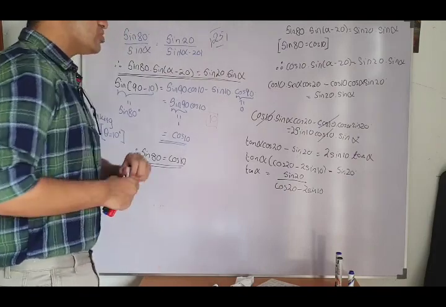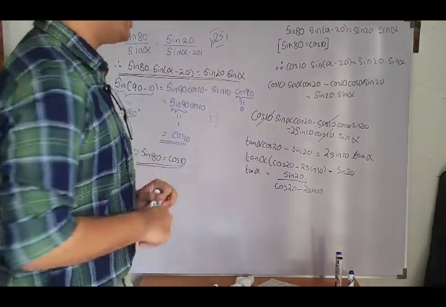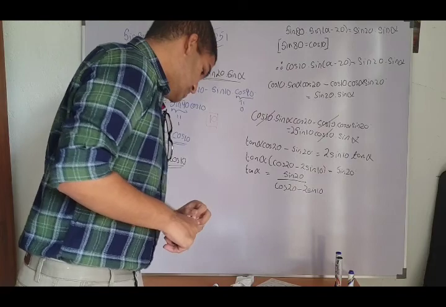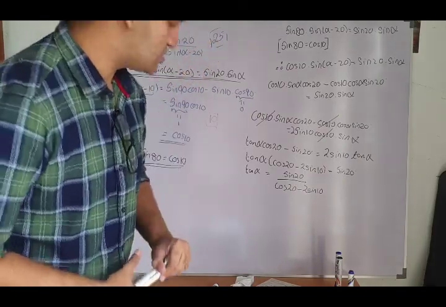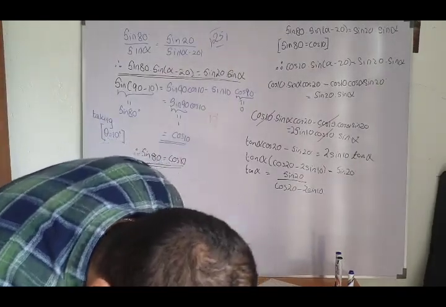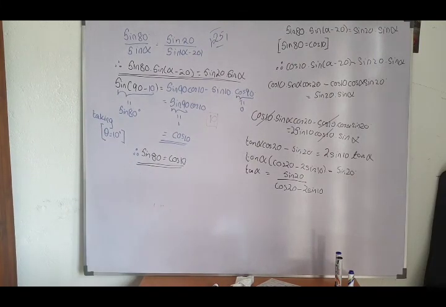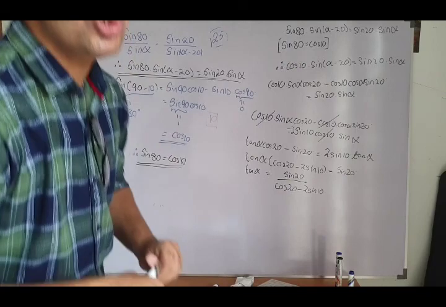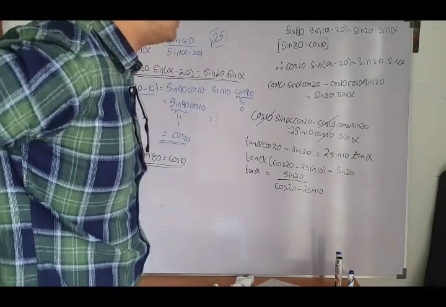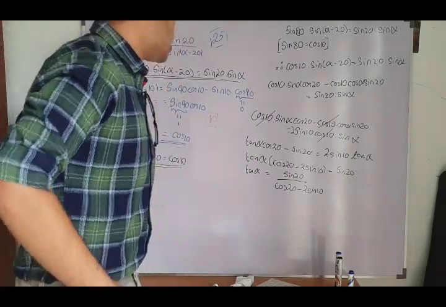The next thing which you have to show is that this tan alpha is equal to tan pi by 6, that is, alpha equals 30 degrees. So now let's show that.